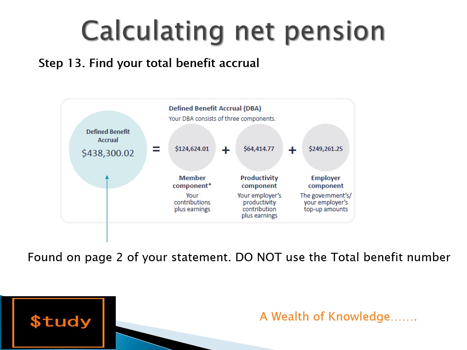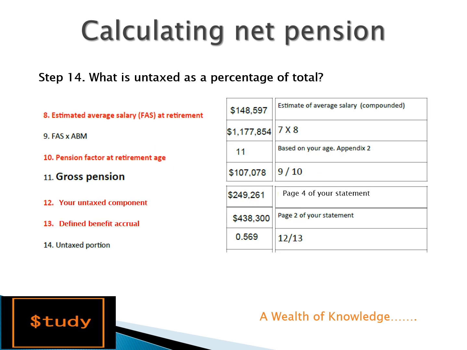So don't use the employer component number in our examples. Always use the untaxed, as we're trying to find our untaxed as a percentage of our defined benefit. So we put our defined benefit total into row 13.